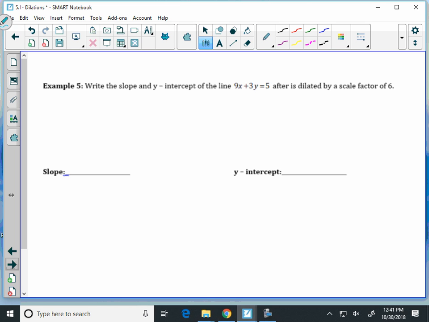So what do you think we have to do to get it in y equals mx plus b form? Move the x over, solve for y. If we have a positive 9x, how are we going to move it over? Subtract it. So we get 3y equals negative 9x plus 5.